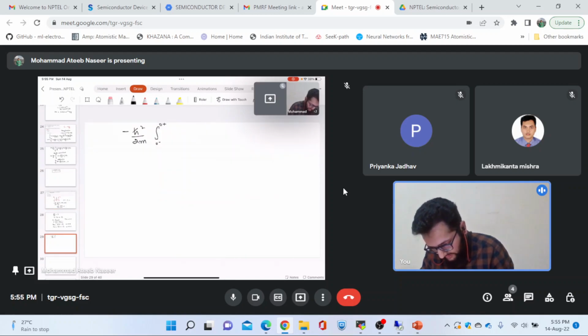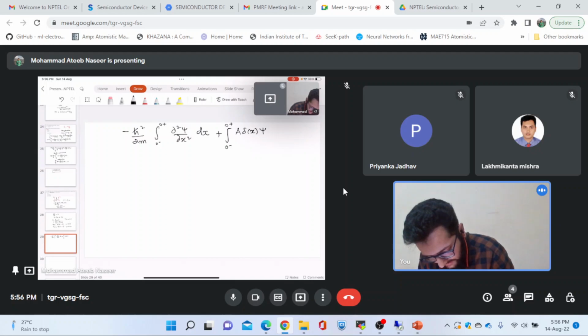So minus h bar square by 2m d square psi by dx square. This is the kinetic energy part of the Schrodinger equation that we are integrating, and the other part comes from the potential energy, and the potential is a times delta of x.